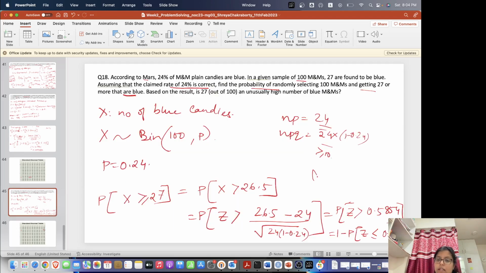So the answer is 1 minus 0.7224, which is nothing but 0.2776. That's the answer.